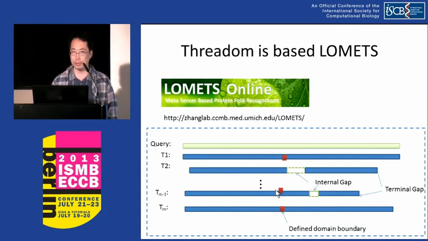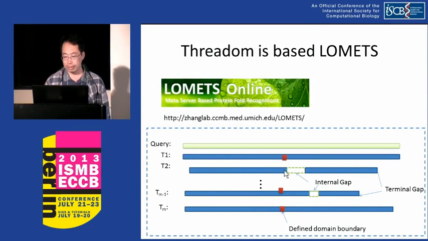There are three kinds of information that can be used to determine the domain boundaries. The first kind is domain information, or the domain definition of the template, which is given by, for example, CATH, SCOP, and others. The second is the internal gap.